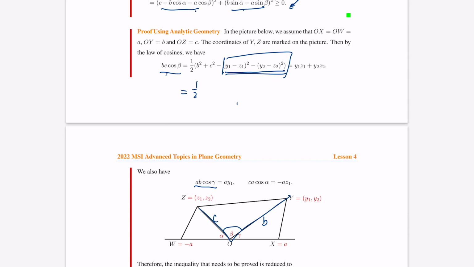And so then I expand it, I will get b squared plus c squared minus y1 squared minus z1 squared minus y2 squared minus z2 squared plus 2y1z1 plus 2y2z2. Why is this useful? Because y1 squared plus y2 squared, this length is b, so these two together cancel with b.